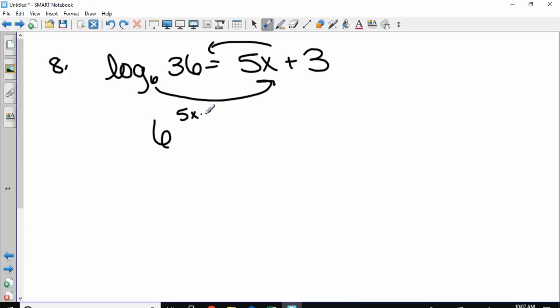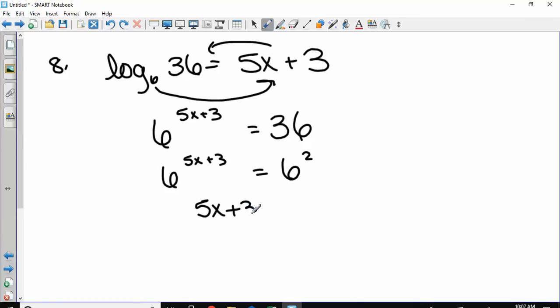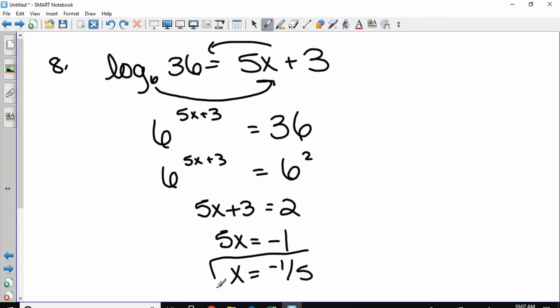So 6 to the 5x plus 3 equals 36. We want a common base. 36 is 6 squared. So 5x plus 3 equals 2. Subtract your 3. We get -1/5. Is that okay with you?